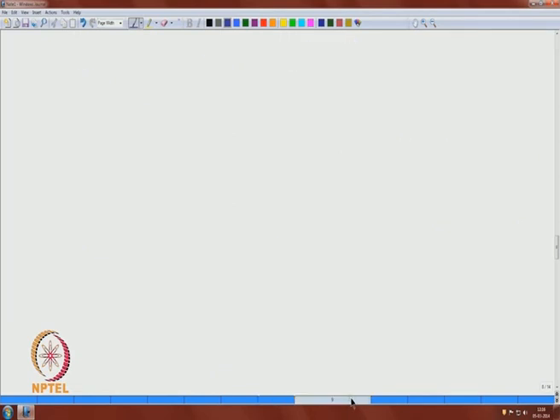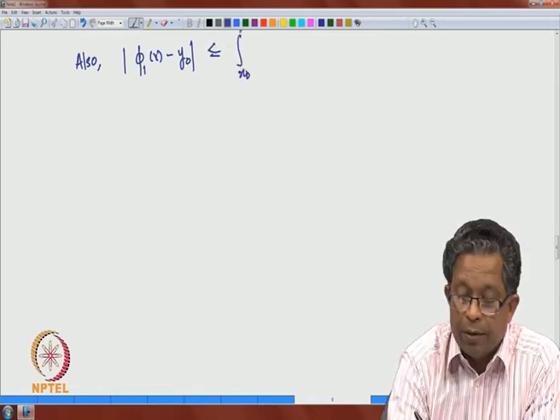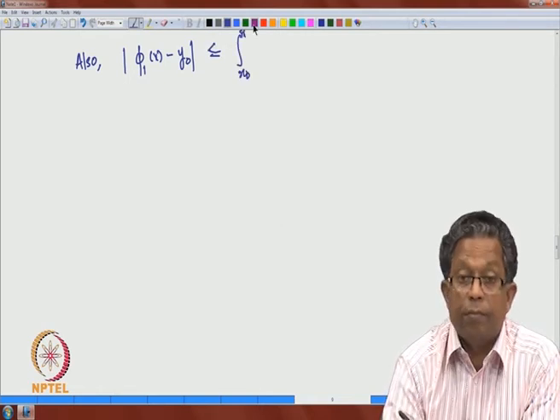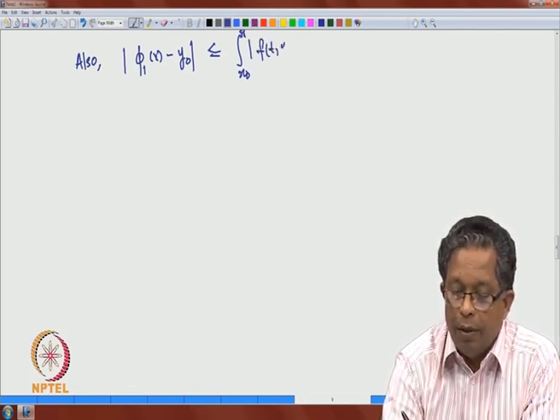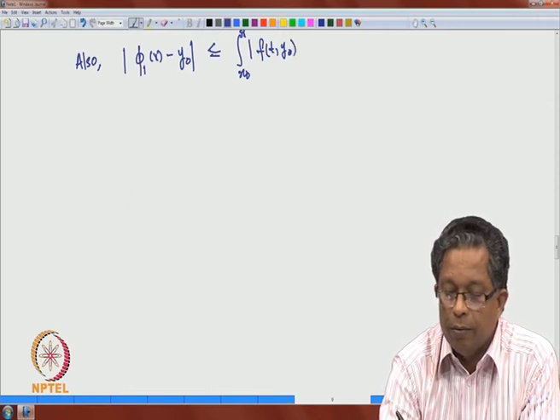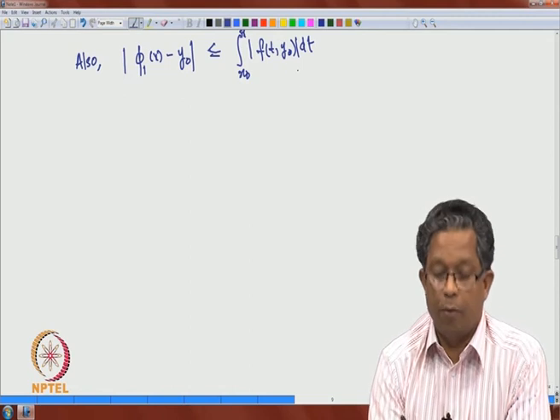And also, if you find the bound, phi 1 of x minus y 0, by definition, is less than or equal to the integral from x 0 to x of f of (t, y 0) dt, and f is bounded by m.